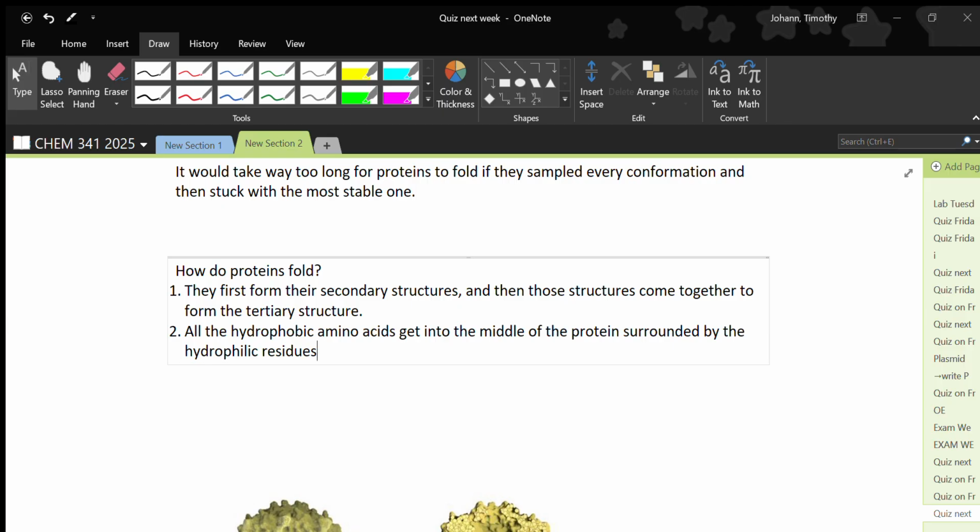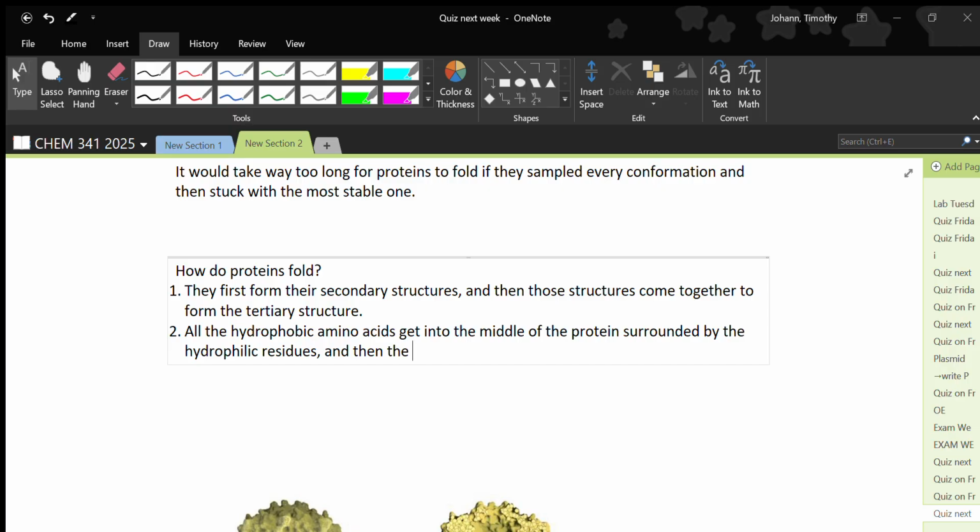Okay, so all the hydrophobic amino acids get in the middle of the protein surrounded by the hydrophilic residues. Notice that I use residues for amino acids. I didn't really define it. If I was talking about DNA a lot, I might talk about residues there. Residues are kind of like units, but residue is another way of doing that. So they get surrounded by the hydrophilic residues, and then the protein kind of wiggles around and gets into its final shape.